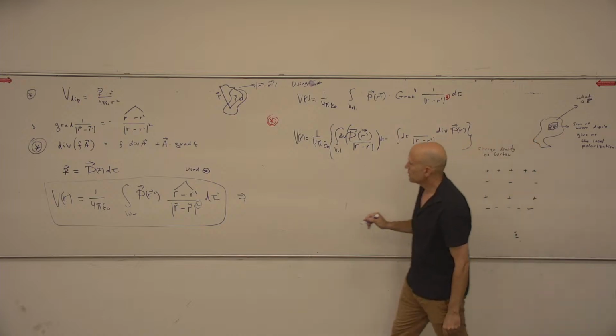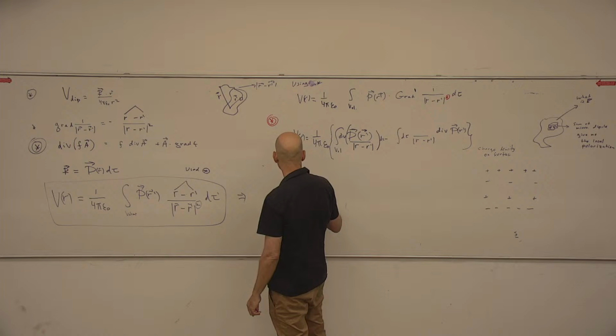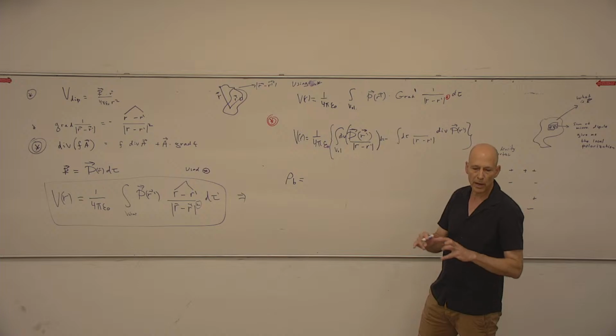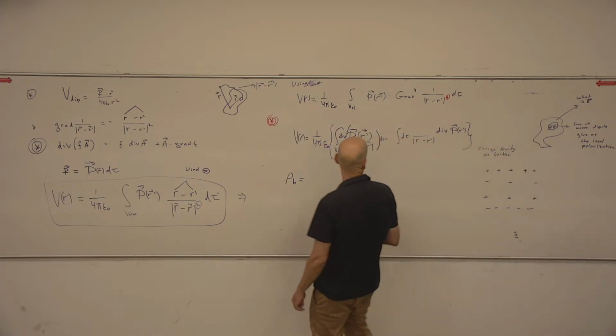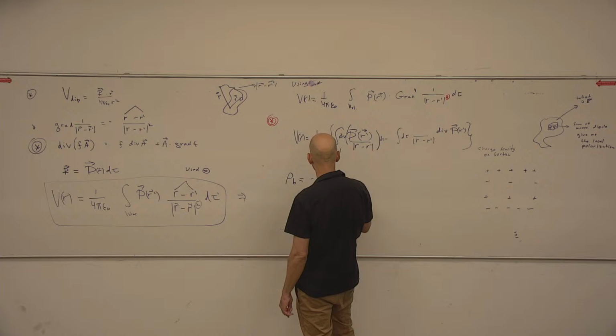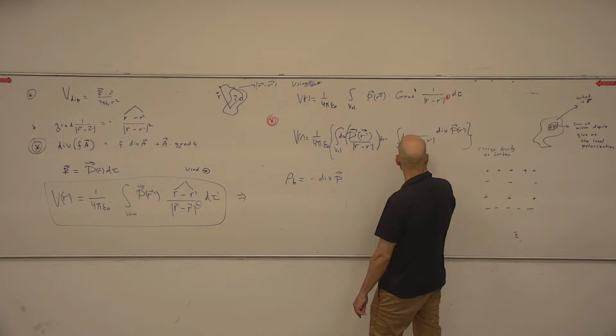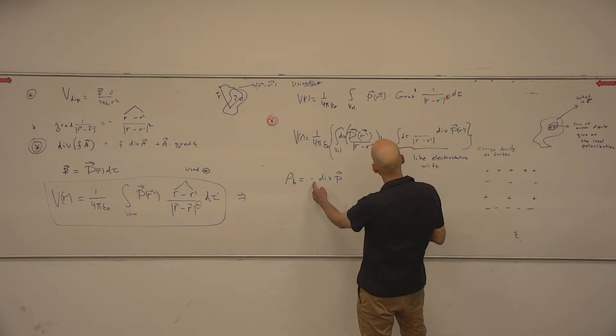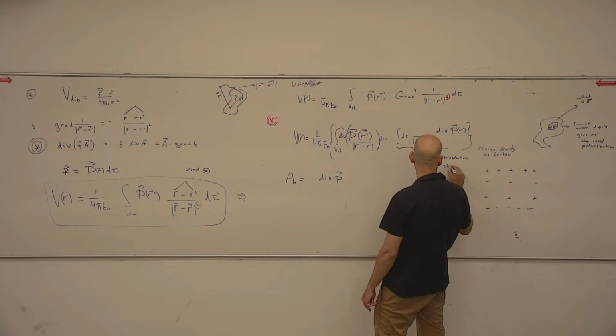So let us define, as I did before, rho B, B is for bound, also for bulk, but bound charge, as minus div P. Then you can immediately see this is like usual electrostatics. And the minus is important. This comes from this minus with charge rho B.